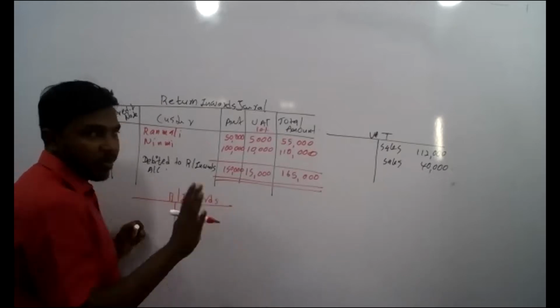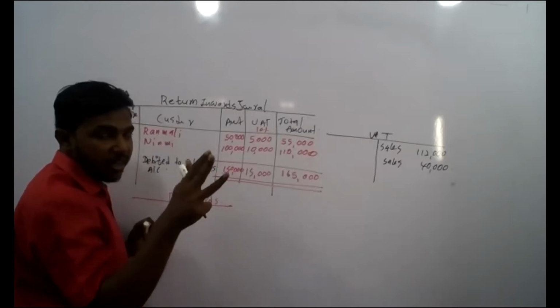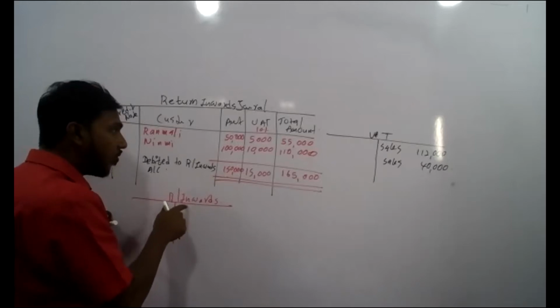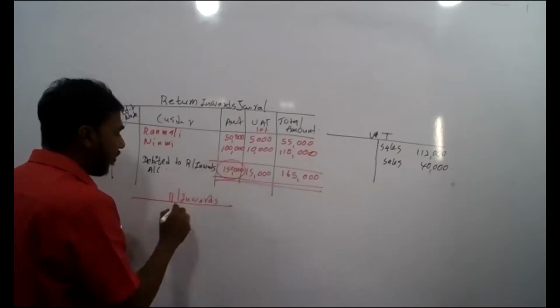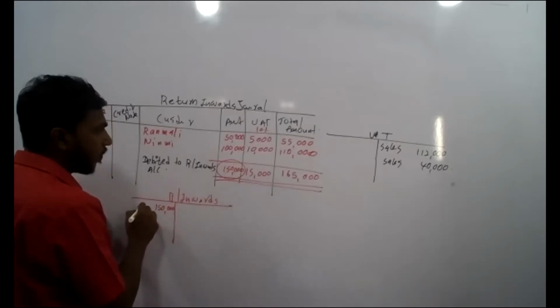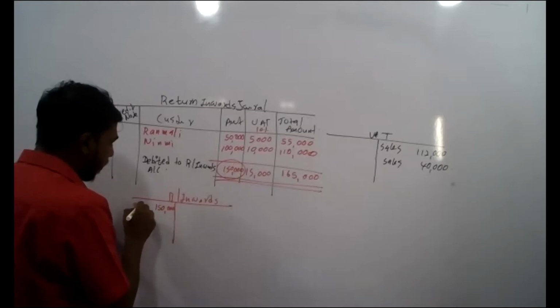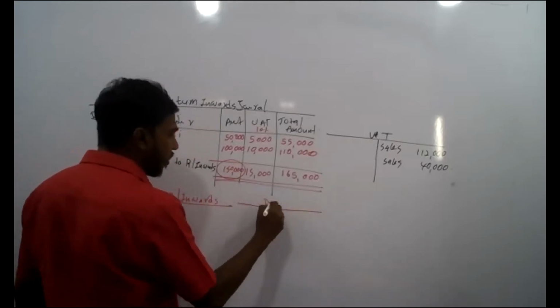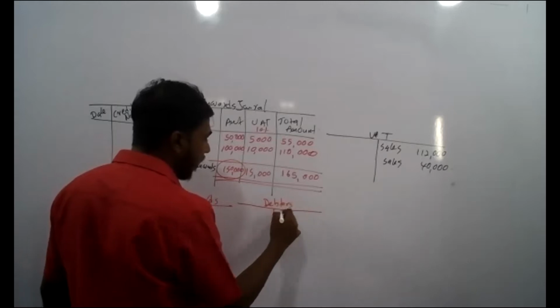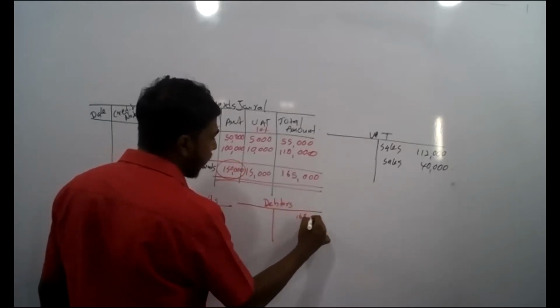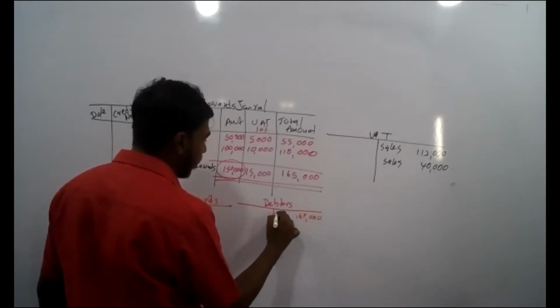Keep in mind for sales, purchase, return inwards, return outwards, these accounts should be recognized without the VAT. Return inwards debit 150,000. Right? Then debtors credit. Earlier there was a debtors account, so for the same account you can credit this. How much should be? 165,000.